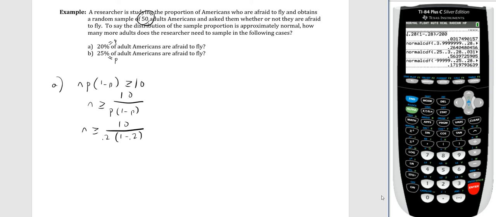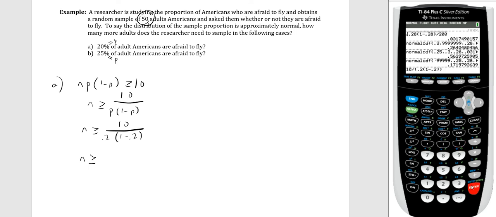If I solve for that on my calculator, make sure everything on the bottom is in parentheses. Or you can find what 0.2 times (1 minus 0.2) is separately and then solve from there. That works just fine as well.